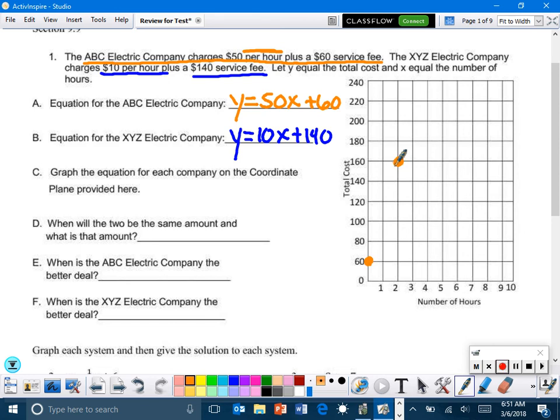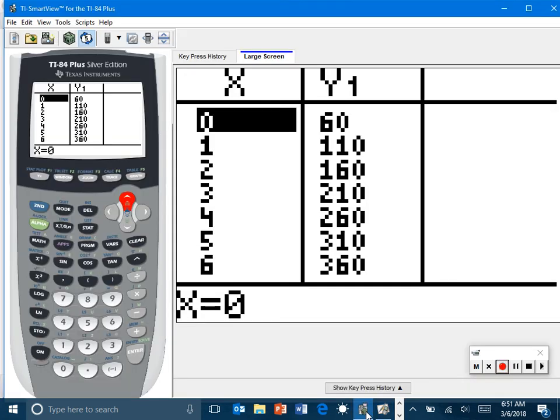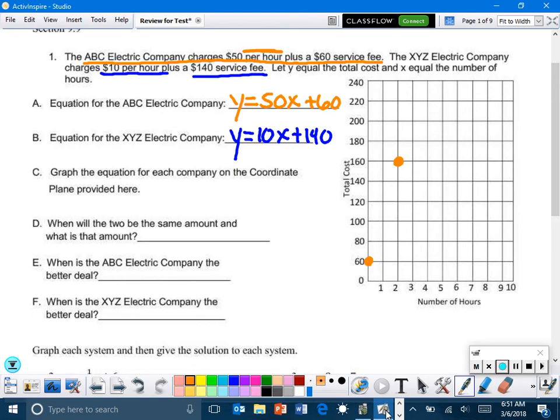If you want, I know 1 says 110, so you could put a dot right there if you wanted to. Then the next one, which doesn't fit perfectly, would be 3, 210. That dot would be right there. All right, draw my line.